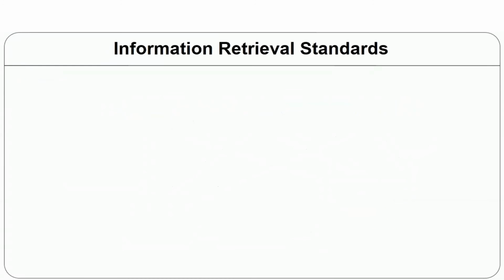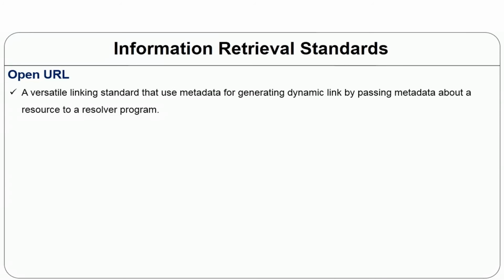The other standard used is OpenURL. OpenURL is a versatile linking standard. URL, Uniform Resource Locator, is an address, like http://www.inflibnet.ac.in. This is a full URL.